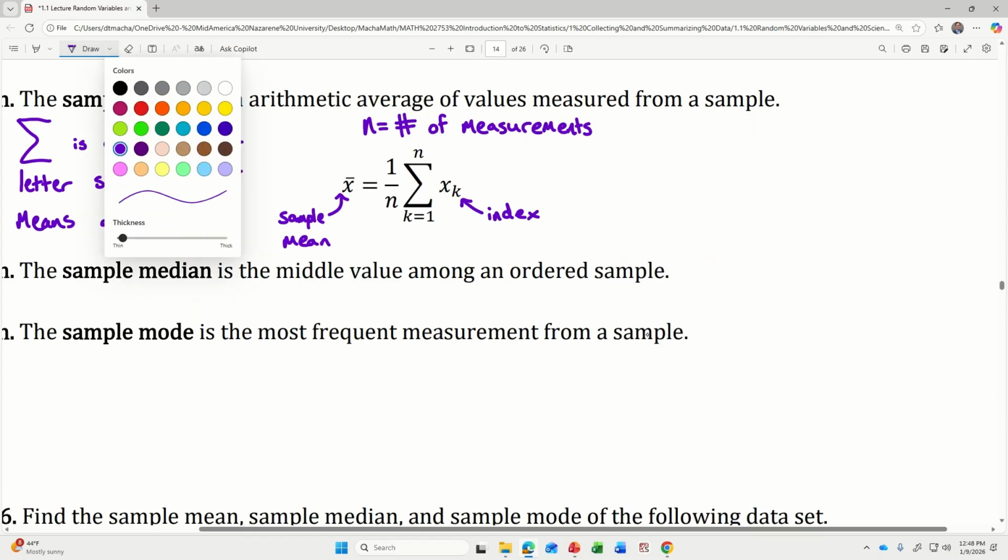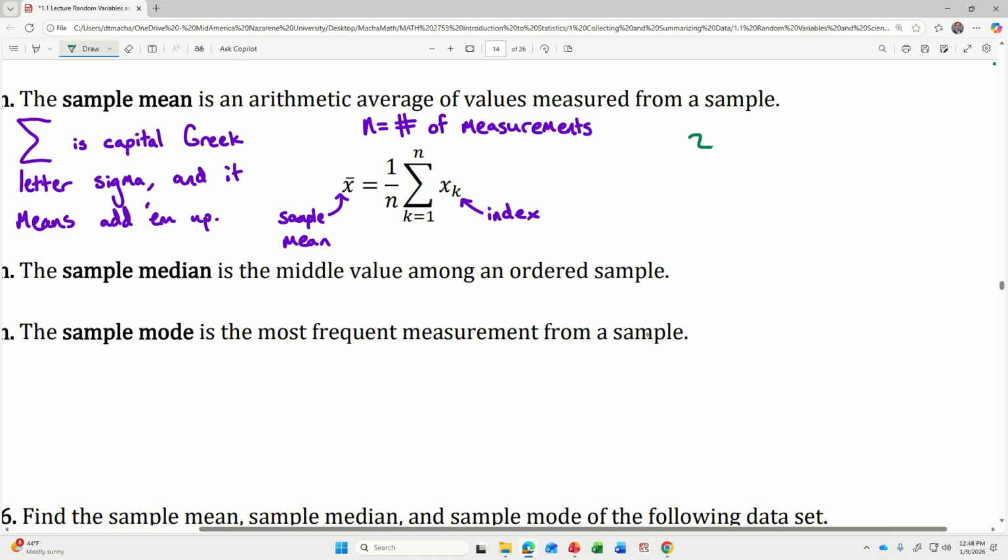If the index thing is throwing you for a loop, I'll give you a little example. Like I might say that x is a list of measurements for 4, 9, 16, 25.